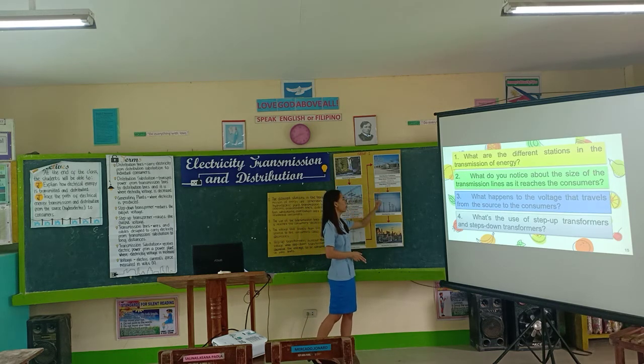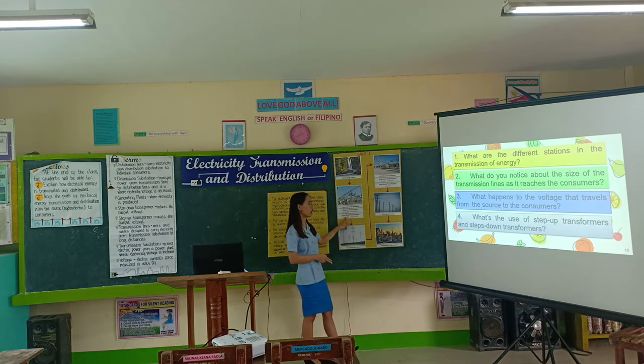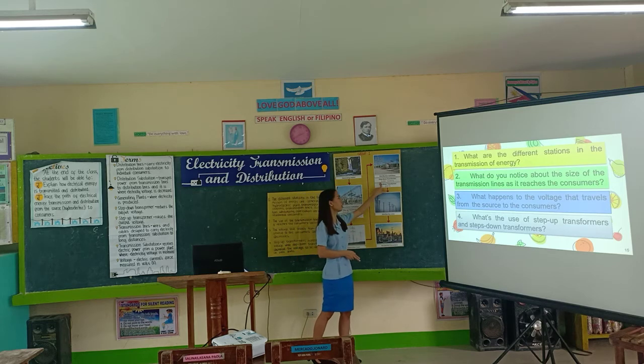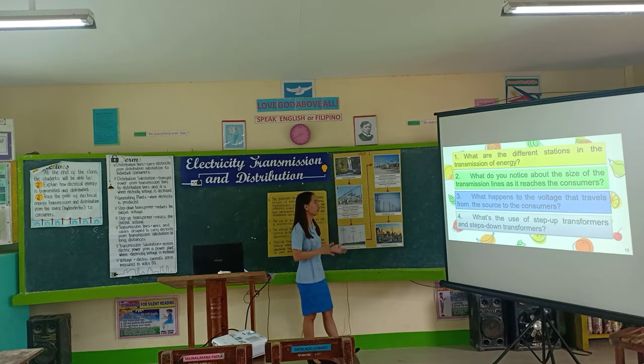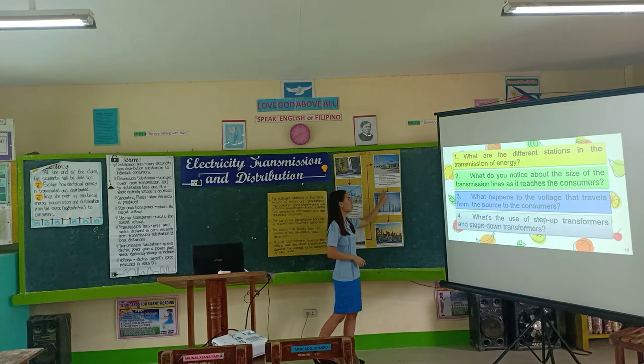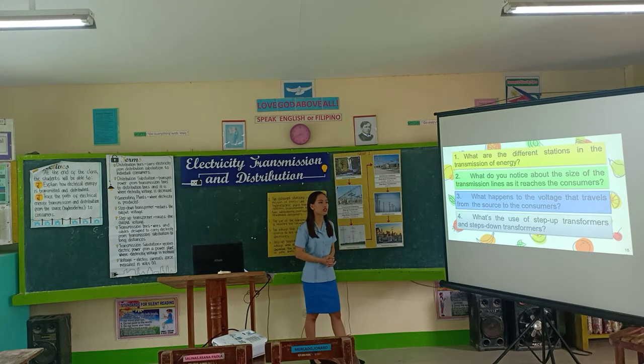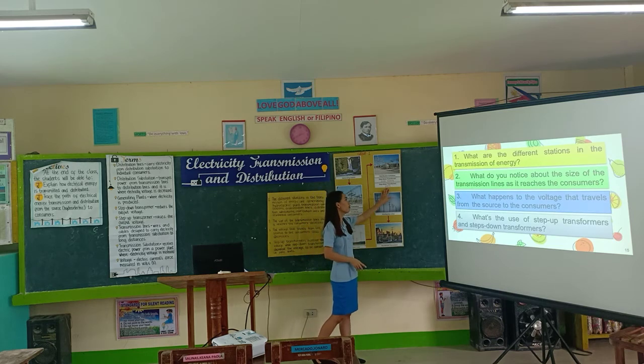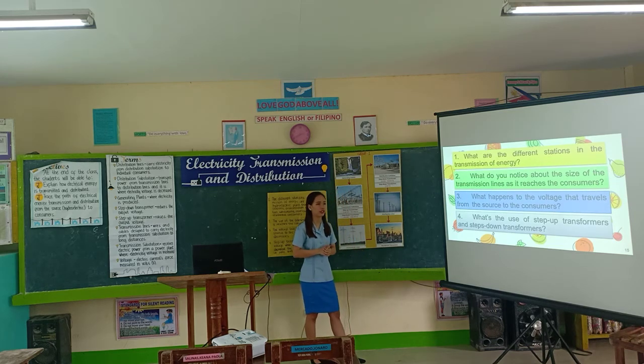The first one reduces the output voltage to a range of 2,400 to 19,920 volts. And after that, within the same operating substation, the output voltage is further reduced to 220 volts.